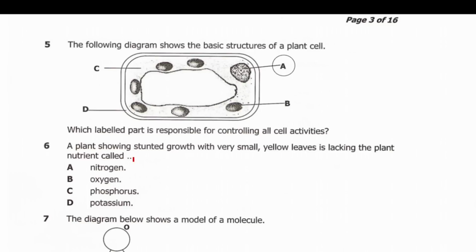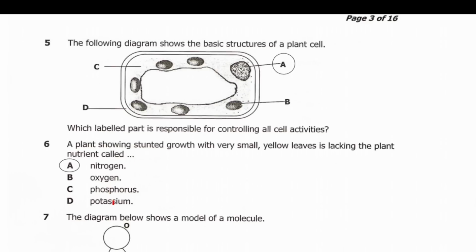Then 6 reads, a plant showing stunted growth with very small yellow leaves is lacking the plant nutrient called nitrogen. So if a plant is lacking nitrogen, it will have very small yellow leaves, and it will also show stunted growth.